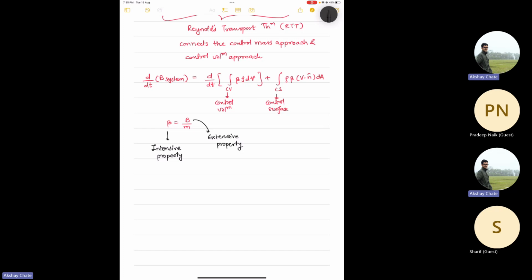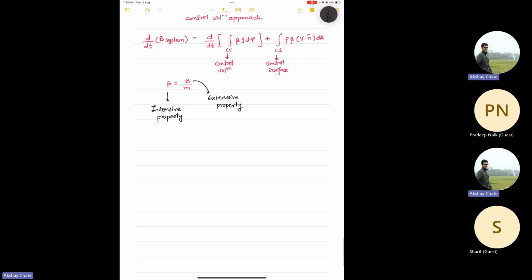Just one second before I go into that, I want to check what the next week's course is, because I think next week we have Bernoulli's equation and other things.